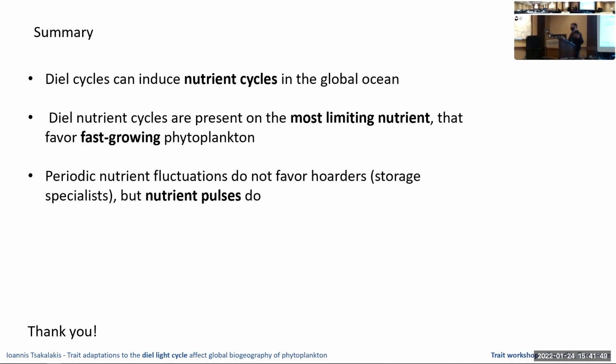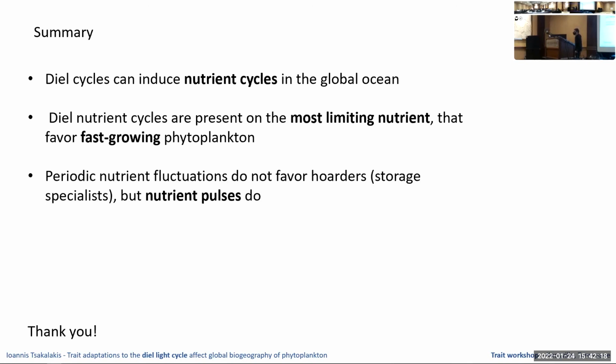Well, the seasonal cycle helps the opportunists become better competitors at high latitudes. And now with the diel cycle, I'm thinking that they will help opportunists a little more in general, but especially in productive environments, where you should have stronger fluctuations of nutrients. Now, if storage is important, maybe in oligotrophic regions we would have some large phytoplankton that can store a lot of nutrients.